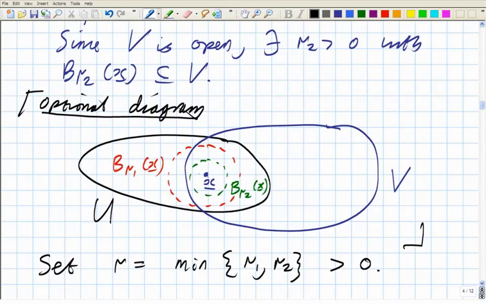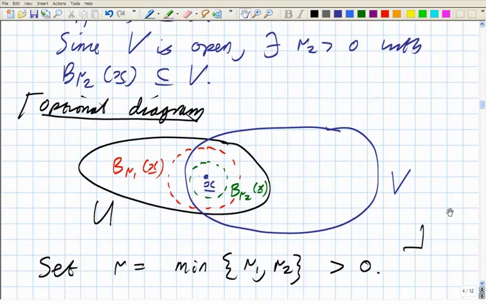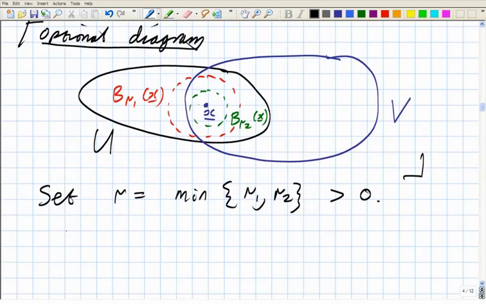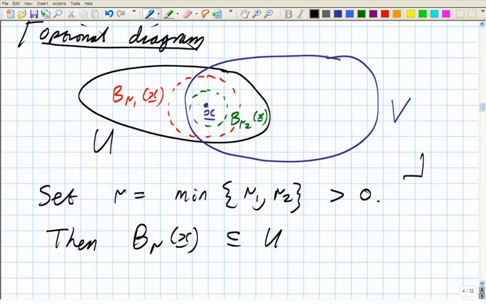Then if you take that small radius, the ball is contained in U and that ball is contained in V. So in fact, that ball is contained in the intersection.